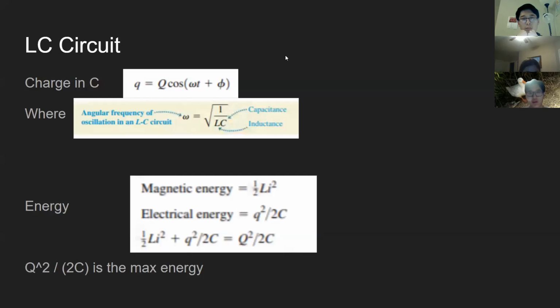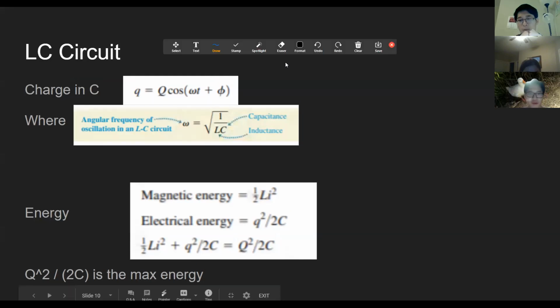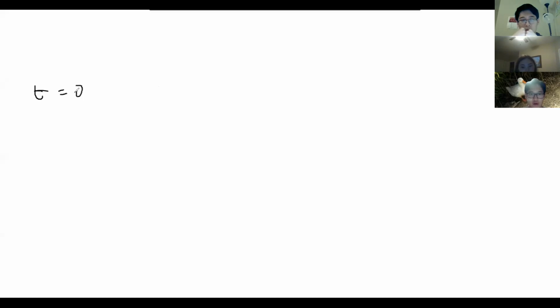Let me give you an example of how we would use phi real quick. What time is it? 9:30. Okay, we have time. Let's say that at time equals 0, the charge on the capacitor is max charge Q. I'll just draw this out so that we can visualize what's going on.